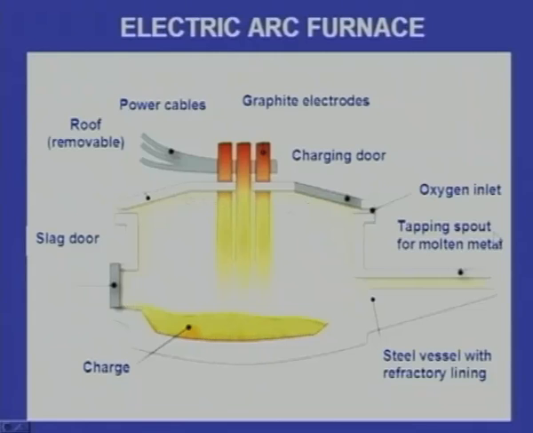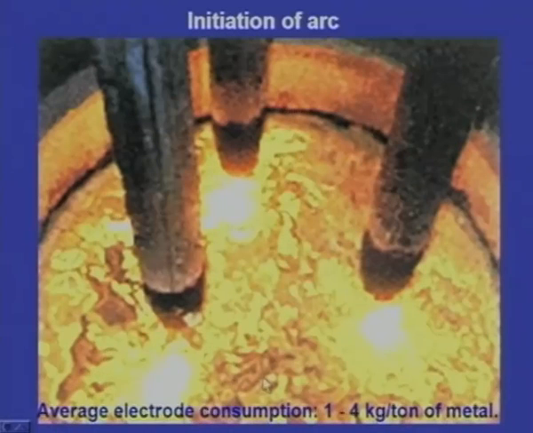This roof can be removed whenever necessary, and here we can see the charging door through which we charge the metallic iron or metallic pieces, and this is the hole through which we send the oxygen. Here we can see the graphite electrodes, and these are the power cables. Power cables are connected to the electrodes and they are connected to the charge, and this is the initiation of the arc.